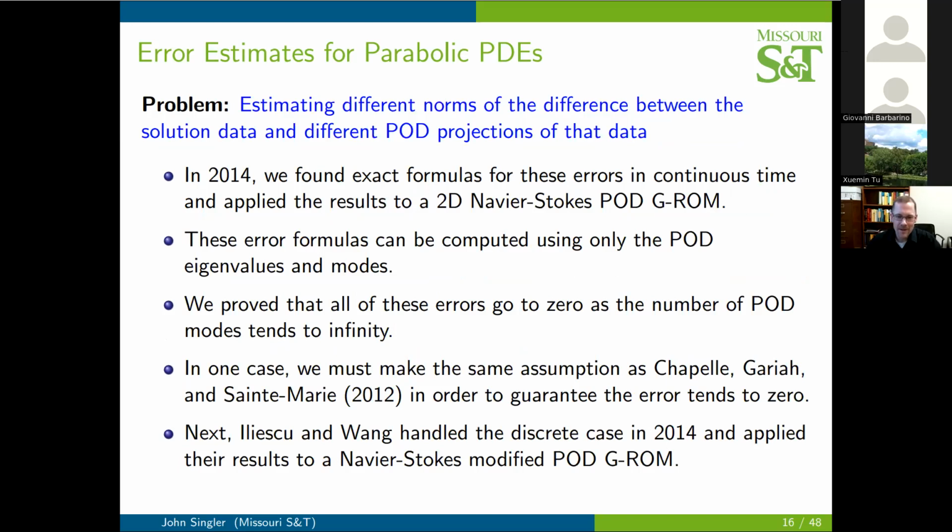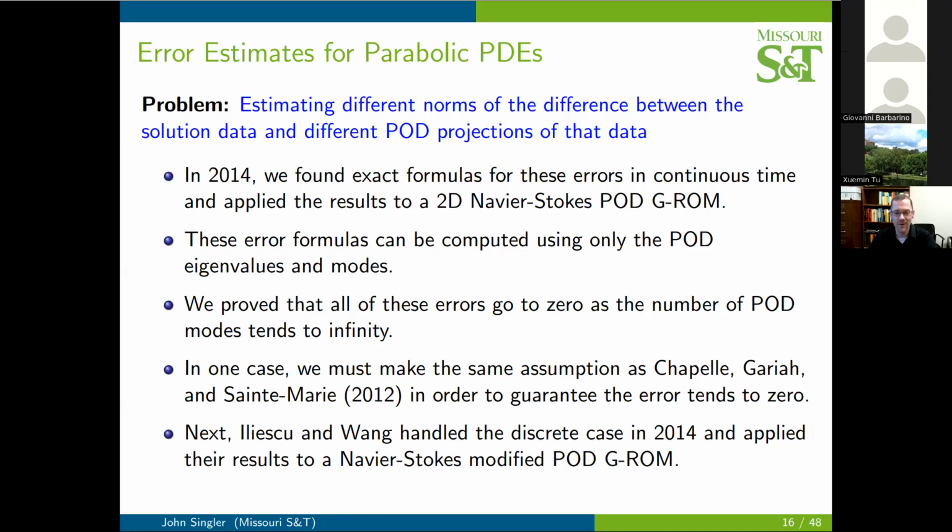So I came into this a couple of years later, and I found some exact formulas for all of these different errors that you could look at. I looked at continuous time, and there are some error formulas that are different, not just involving the POD singular values or eigenvalues.